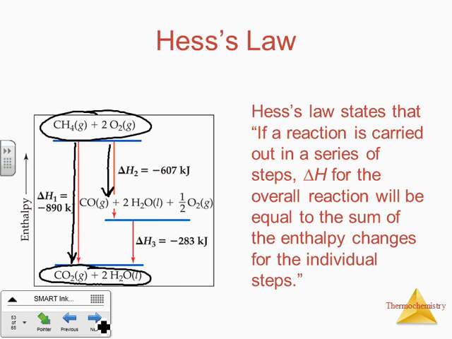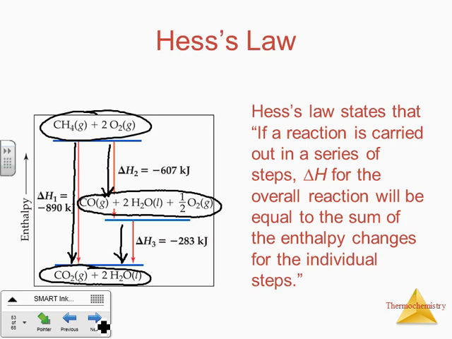And so what we can do here is, if we think about the energy change that happens when we go from CH4 to 2O2, making the carbon monoxide, and we know the energy change it takes to get from the carbon monoxide down to the carbon dioxide, then that's going to equal the same amount of energy that it gives off when it goes straight from the CH4 down to carbon dioxide. Okay, so it doesn't matter if we do this in a two-step process or if we do it in a one-step process.